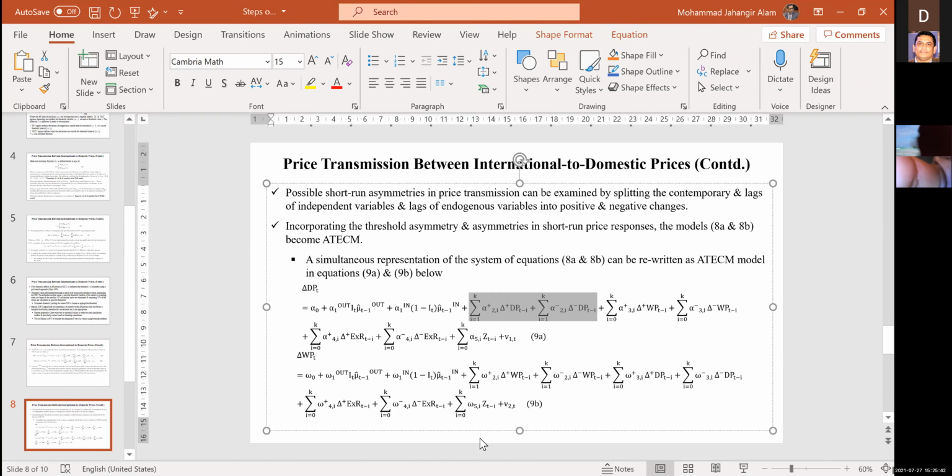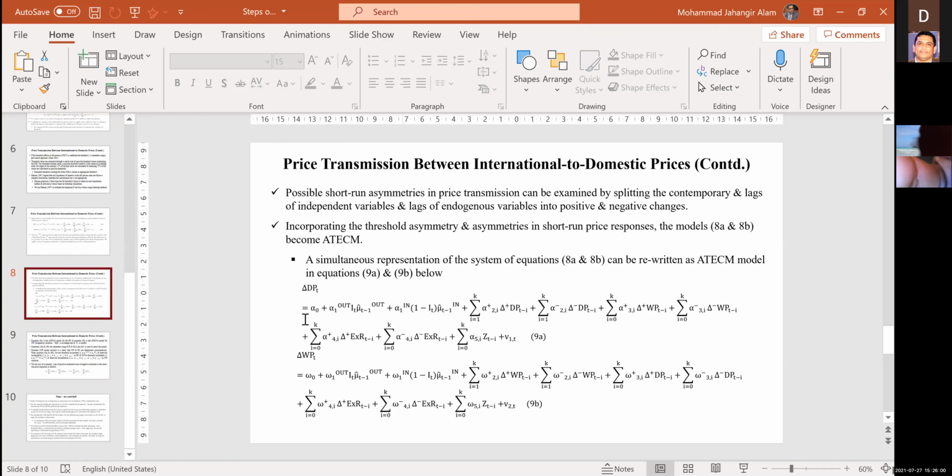So there are some differences, but in theory, when the price goes up, it's not transmitting quickly, but when the price goes down, it's transmitting quickly to the domestic price, or to the left-hand side, the dependent variable. So this is the equation.